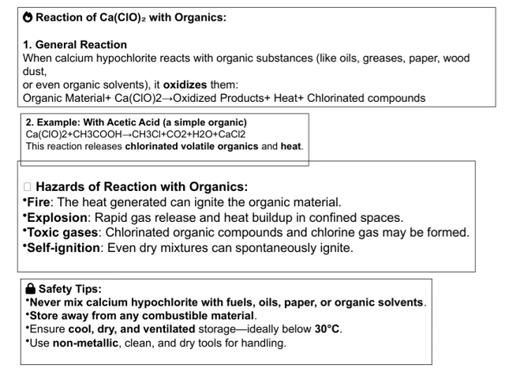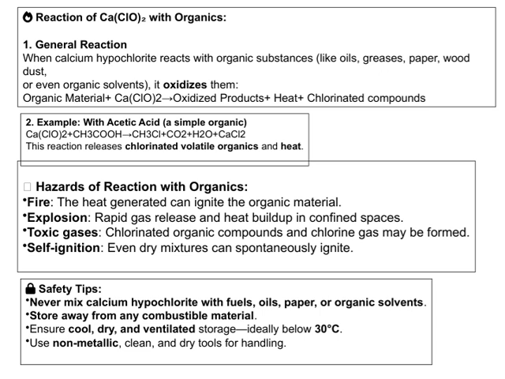To give a concrete example, when calcium hypochlorite reacts with acetic acid, a simple organic compound, it produces chlorinated volatile organics, heat, and other byproducts. This reaction demonstrates how dangerous these interactions can be, especially since it releases chlorinated compounds and heat.